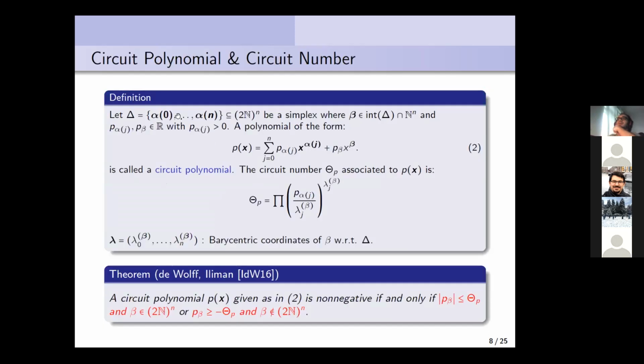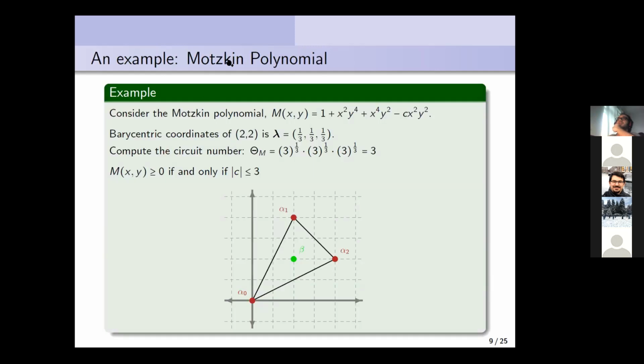Maybe to explain this definition a little better, let me give you an example. We already saw this example, but let's go through it again. We said that the Motzkin polynomial was one of the polynomials shown to be non-negative but not a sum of squares. Here is a detailed way of seeing why it is non-negative.